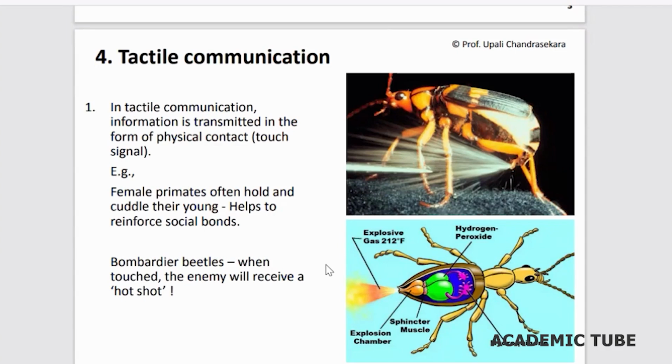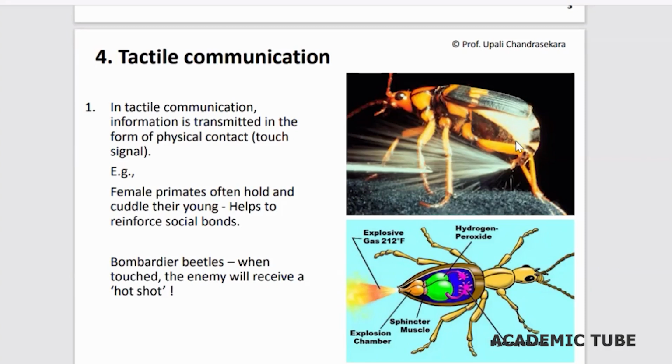Right? Another very good example is the bombardier beetle. In this photograph, what you see is a bombardier beetle. It's a coleopteran, an insect. Now, if you touch the backside of the bombardier beetle, immediately upon touching, you will receive a very hot liquid.